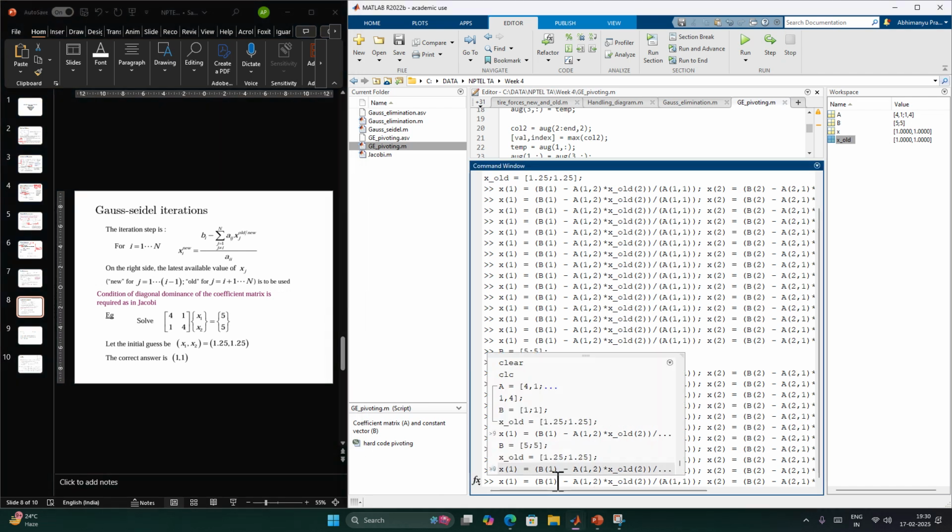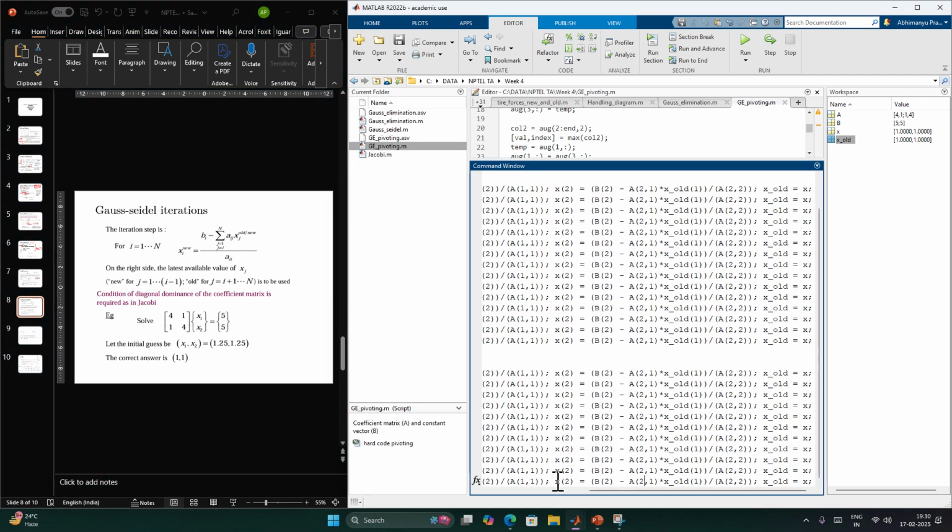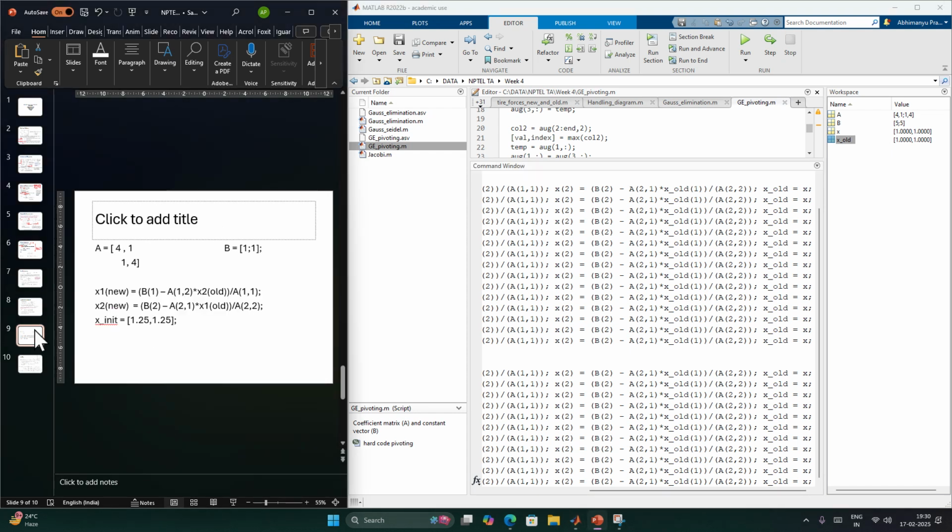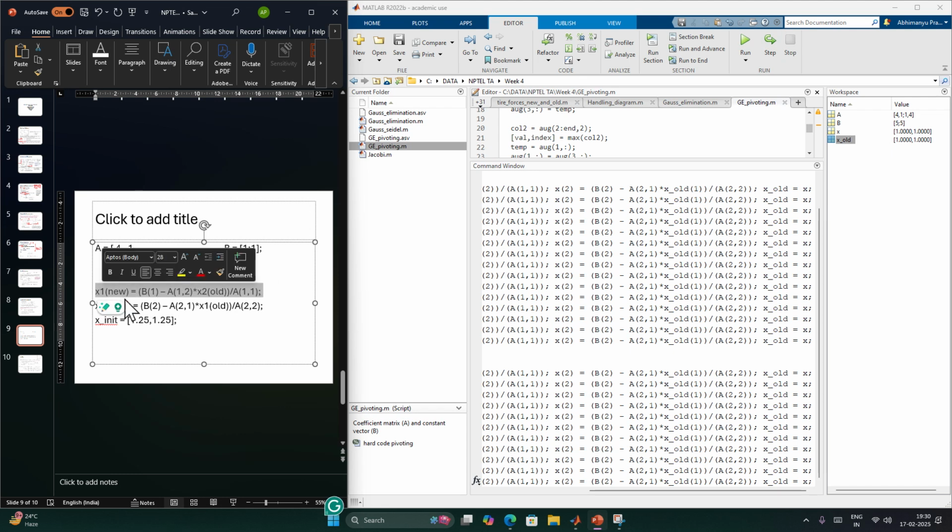Like in this case, after the first iteration, when I got my new value of x1, for the second calculation for x2, I will use the new value of x1. So this is for Jacobi, right?